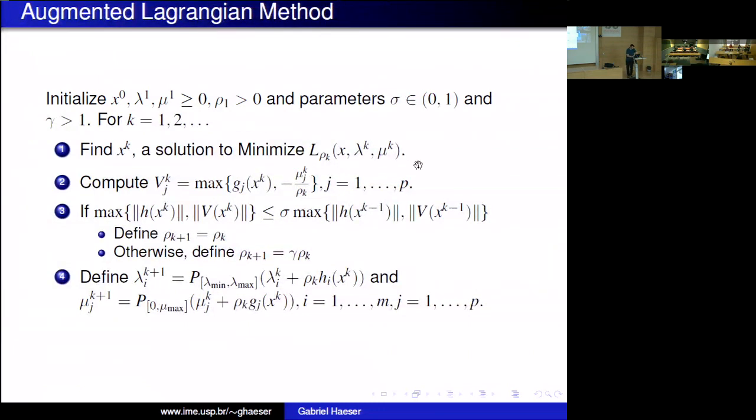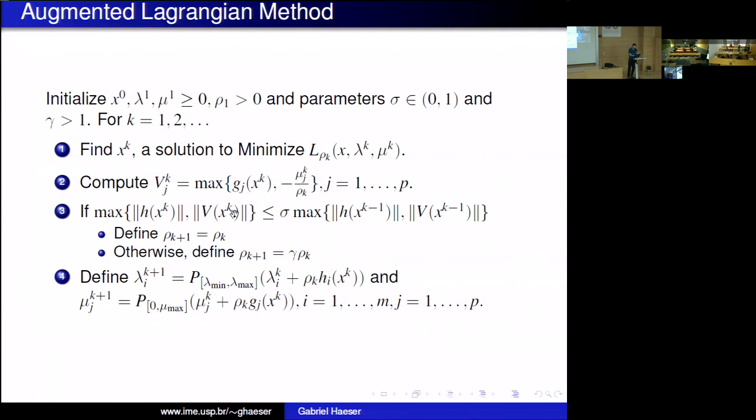You compute now this measure of infeasibility and complementarity, and you check if at this iteration, this measure of infeasibility and complementarity, including the equality constraint, is reduced by a factor that you previously chose. So you compare this with the value of the previous iteration.